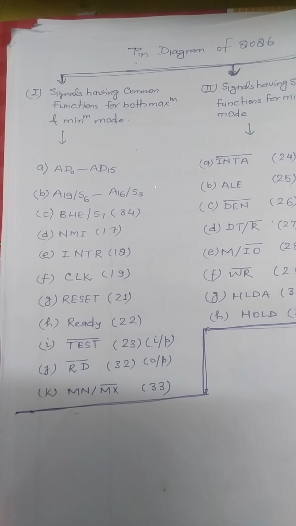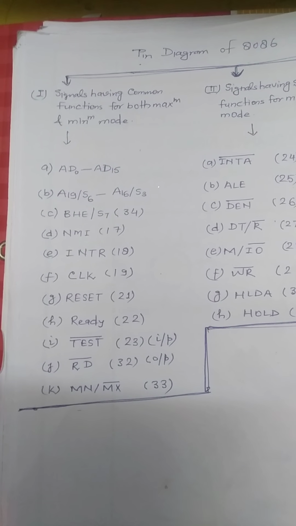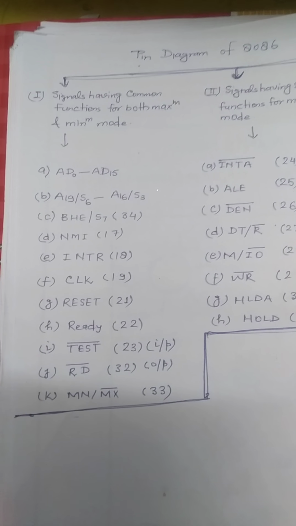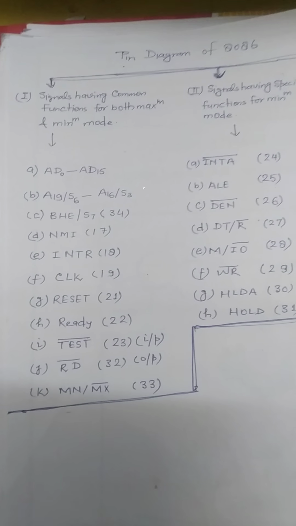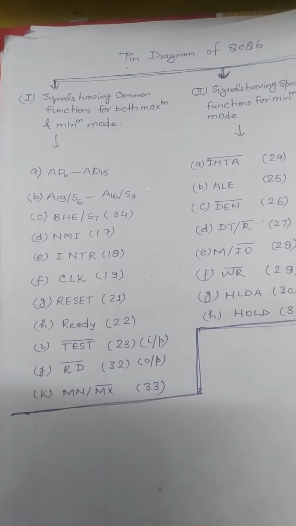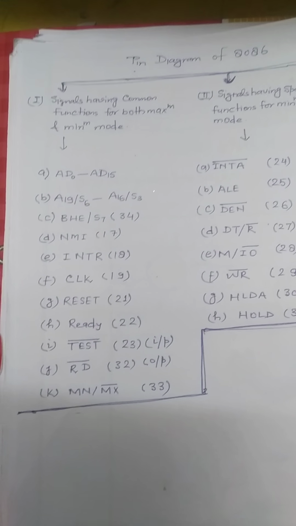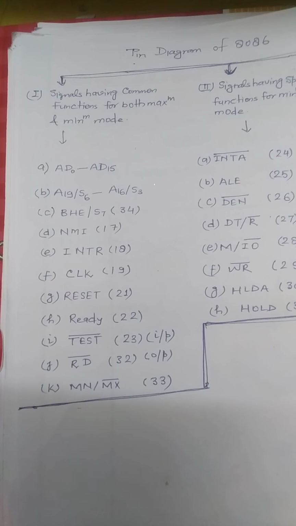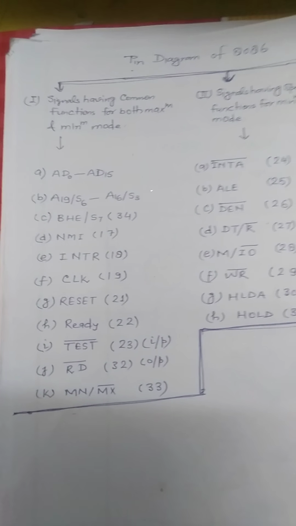If the signal is positive edge triggered, then the transition will be from low to high, and if it is negative edge triggered, then the transition will be from high to low. And some signals are level triggered. It means either positive, that is 1, or negative, that is 0.